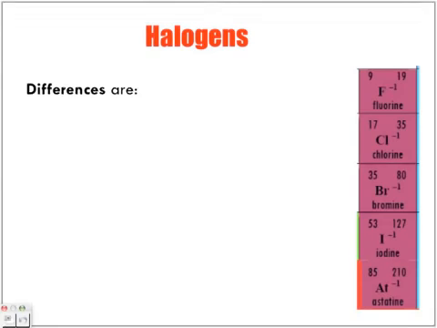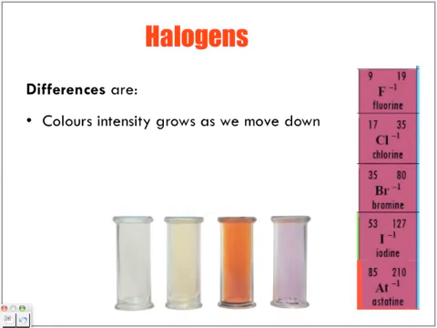Let's look at the differences amongst the halogens. Color intensity grows as we move down. In the first one, we've got fluorine, chlorine, bromine, and iodine. As I said, there is a distinct color amongst the halogens, and the intensity of the color increases as we move down the periodic table.